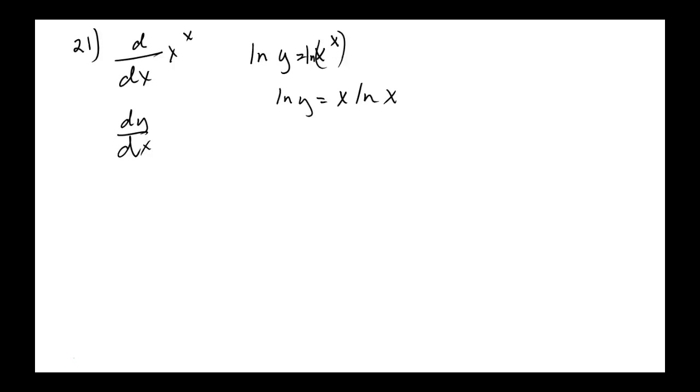We didn't have to do it that way, but I thought that would be more illustrative. Now you can go back and take e of both sides, and that would be y again is equal to e to the x ln x.